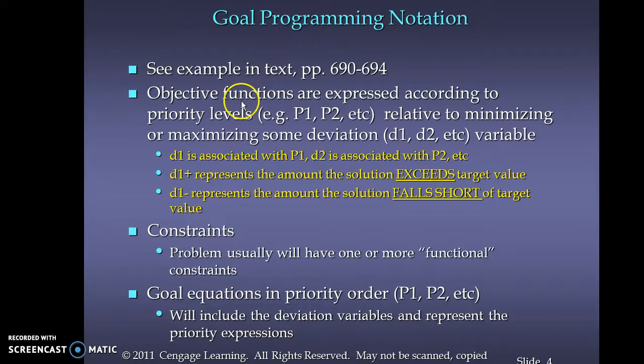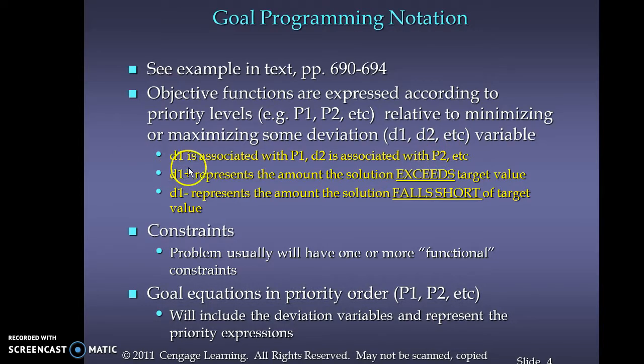So as I remarked just a moment ago, we express objective functions according to priority levels, P1, P2, and so on, relative to minimizing or maximizing some deviation that I remarked upon earlier, D1, D2. So when we use the subscript 1 on D, that's associated with goal P1. When we use D2, that's associated with P2. And that would repeat itself for 3 and so on.